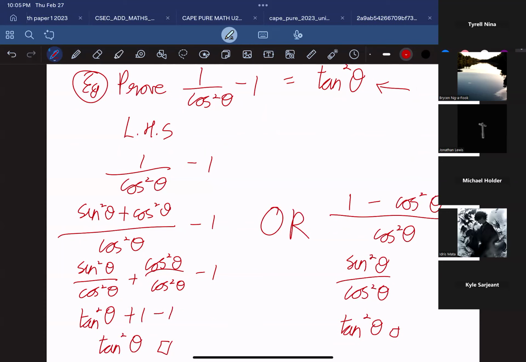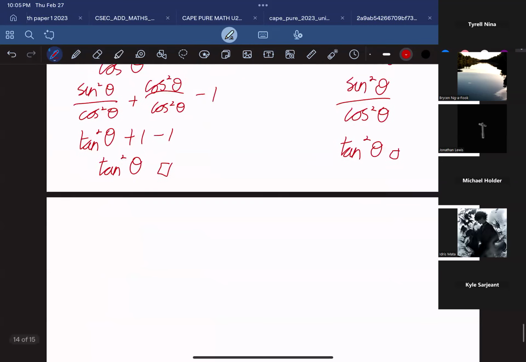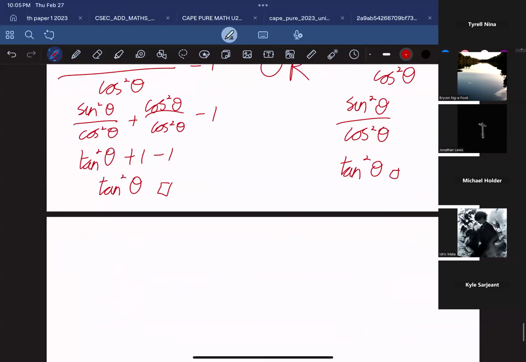I'm gonna do 1 and then we'll close off the class, right? 1 because we went past 10, right? Prove sine 2 theta over sine theta minus cos theta is equal to cos theta.